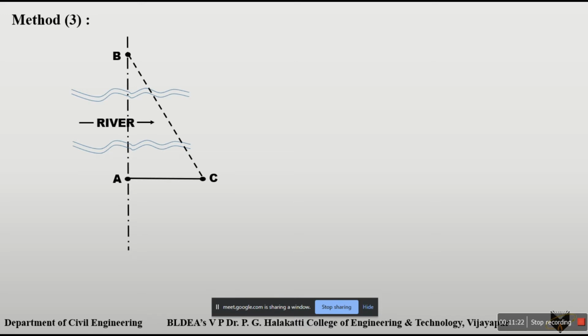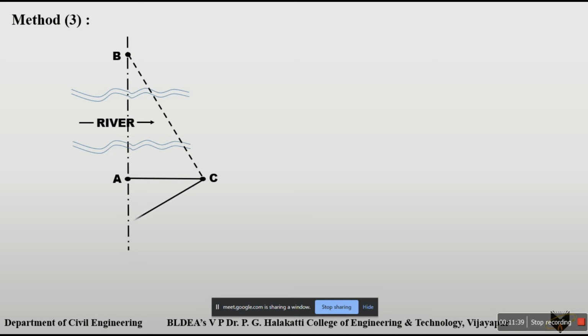If you join this along the point C, at the point C, along this ranging rod, along this imaginary line, you have to keep your cross staff instrument.